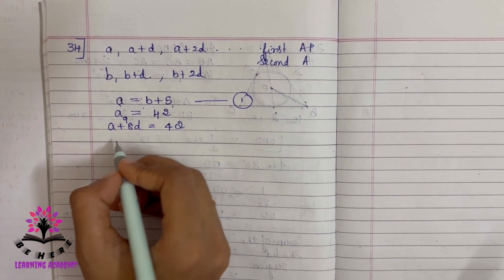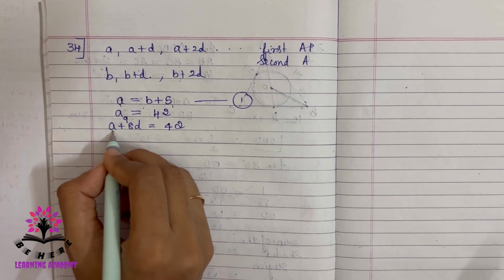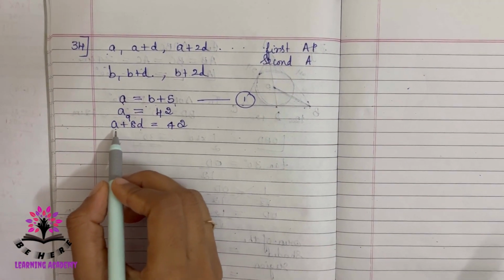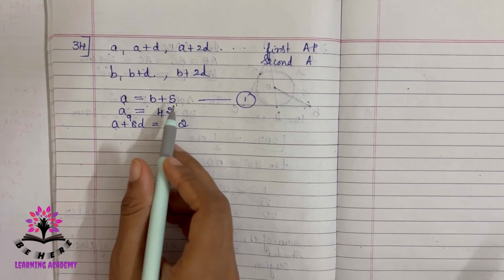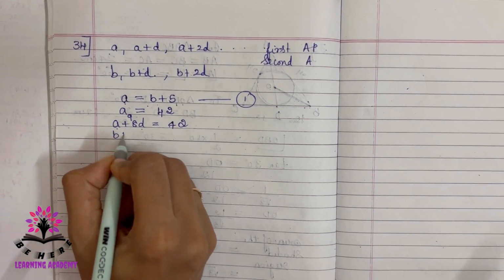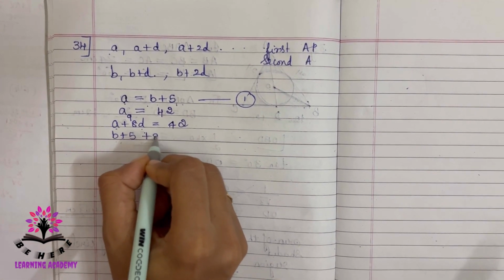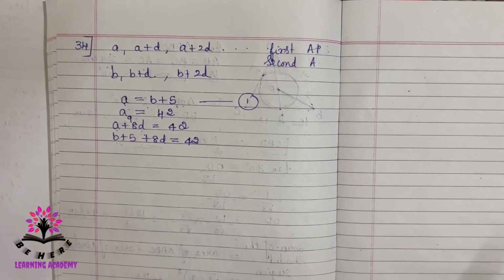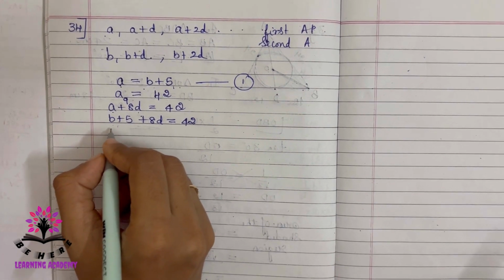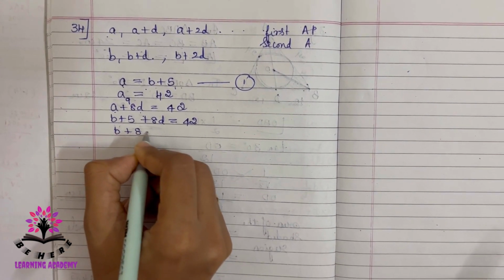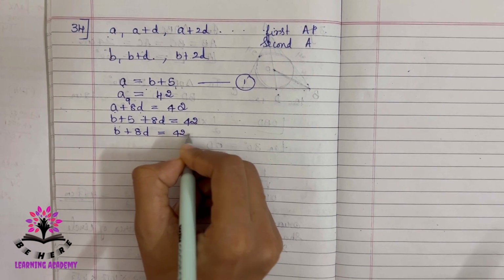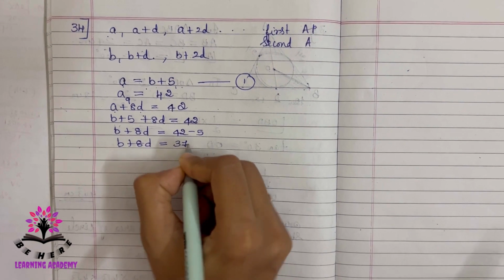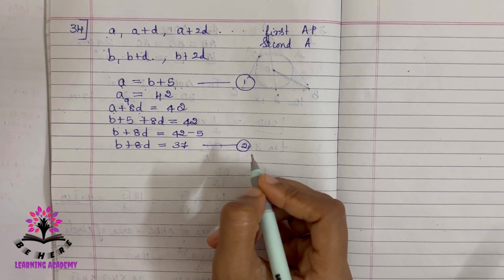Then I will substitute A is equal to B plus 5 here: B plus 5 plus 8D will be equal to 42. So finally we get B plus 8D will be equal to 42 minus 5, that is B plus 8D is equal to 37. I will name this as equation number 2.